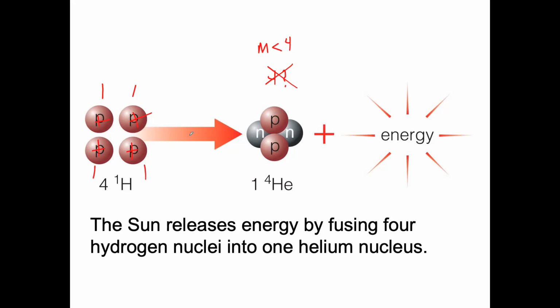Yeah, they want to move away from each other. They want to repel. Thank you, Barrier. They want to repel, but somehow we fuse them together and we actually get them to stick together. We get them to not repel, right?